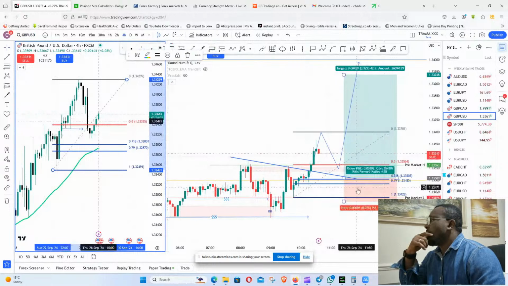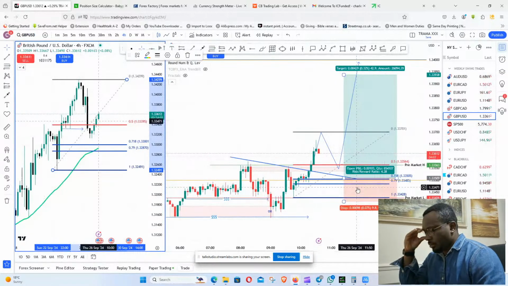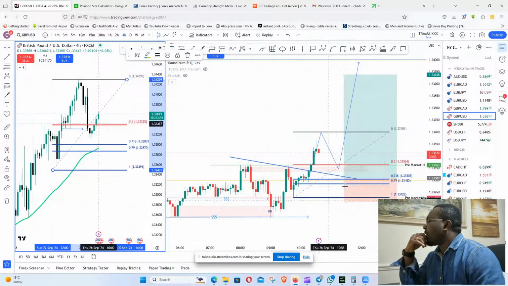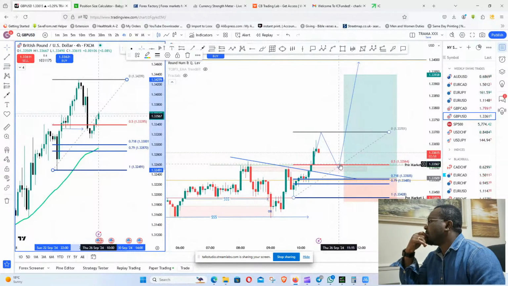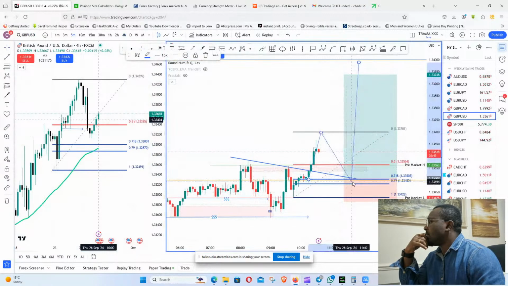All right, let's wait for that pullback into the 50% level. That's number one. If it goes down, then we should be looking at price hitting this level here.